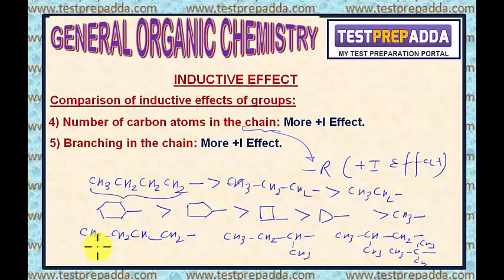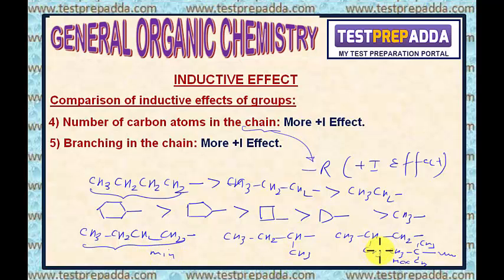So least will be for this. And here you can see this is going to get attached with the carbon chain. So the carbon atom which is directly attached with the carbon chain has got so many branches, and that is why its plus I effect will be maximum. This is maximum. This is minimum.